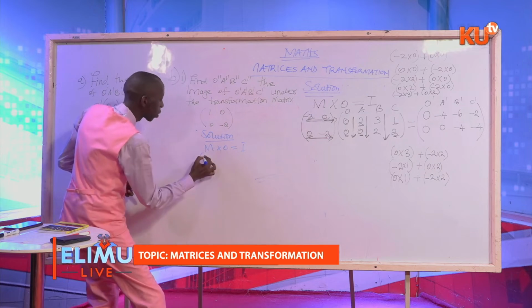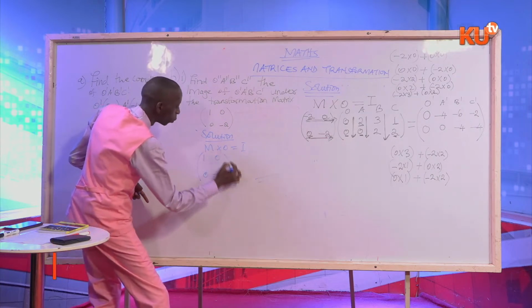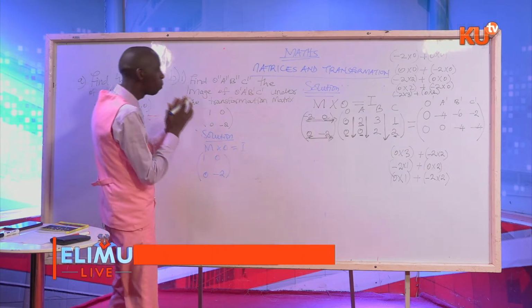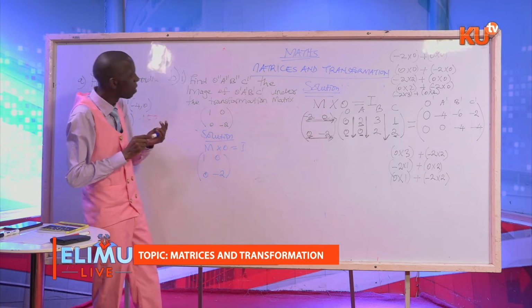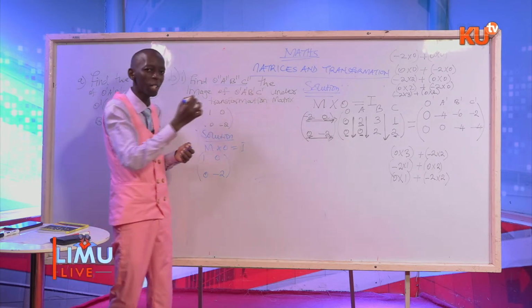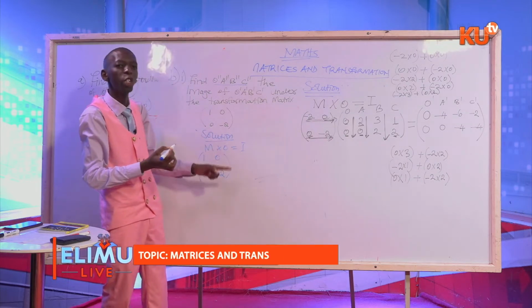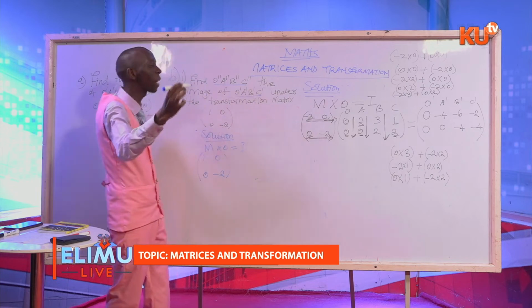The matrix is 1, 0, 0, negative 2. I want us to read the question very well. Find O double prime, A double prime, B double prime, C double prime, the image of O prime, A prime, B prime, C prime.